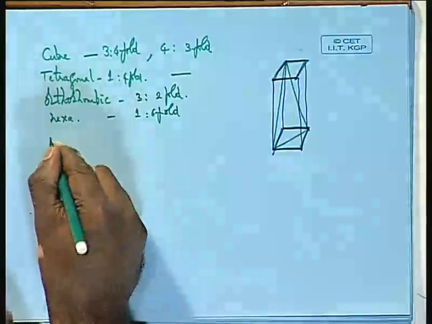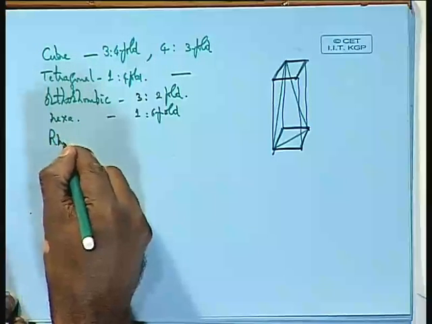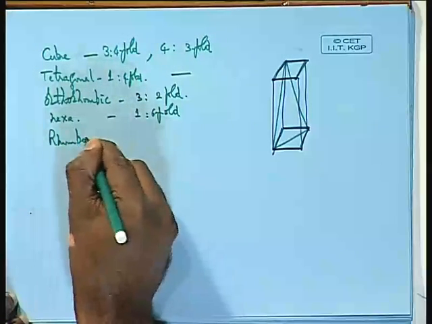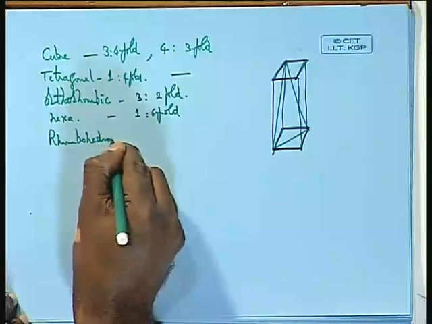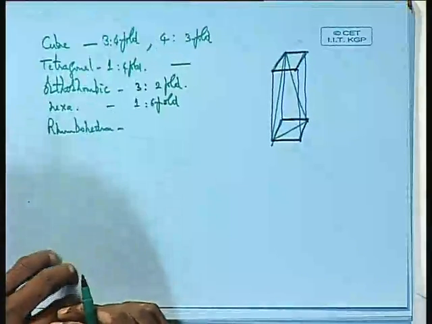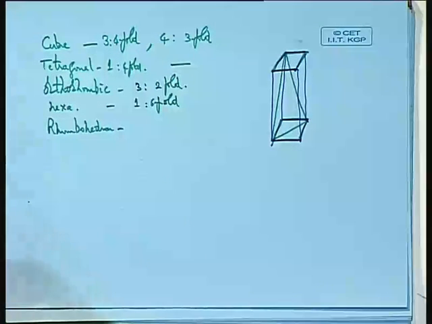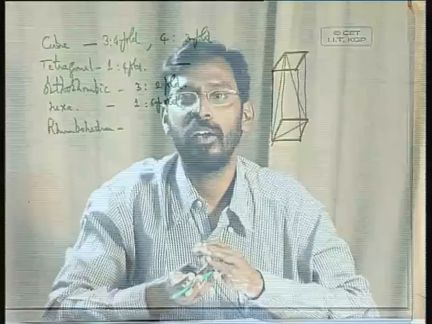Then you come to the rhombohedron. Rhombohedral system. What is the characteristic of a rhombohedron? How do we define a rhombohedron?